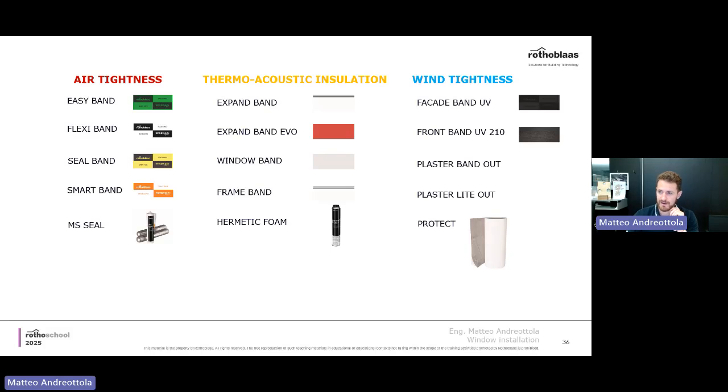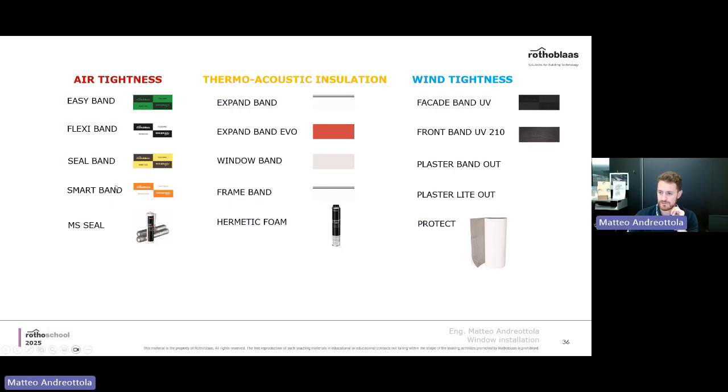If you have very hot temperatures and a lot of UV rays, and you're using it on the outside, you see in fact that I placed the facade band UV or FlexiBand UV, or something which has a little bit less glue, meaning that the glue doesn't soften so much with hot temperatures, and that can be better used on the outside.